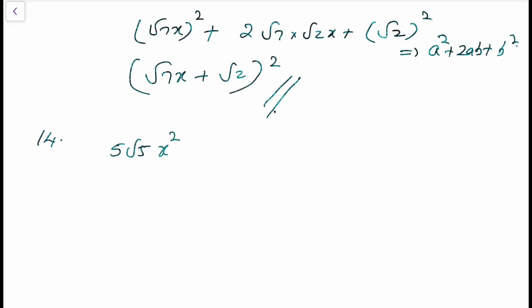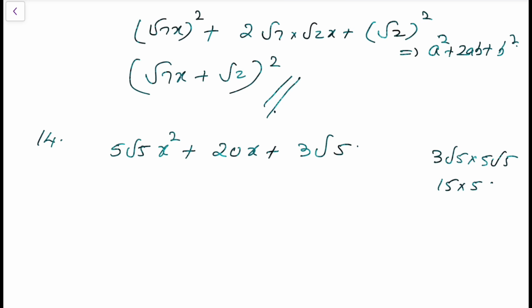Five root 5 x squared plus 20x plus 3 root 5. So, 3 root 5 into 5 root 5 is what you have to multiply. So, 5 into 3 is 15 into 5. So, you can add, now your middle term is 20, if you add 15 plus 5, 20 you are getting. So, you do not have to find any other factors, this is fine.